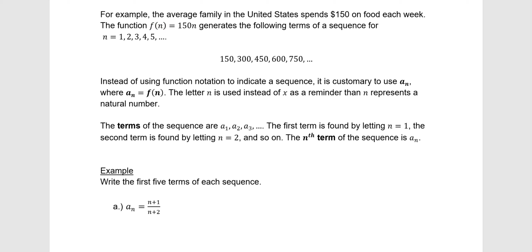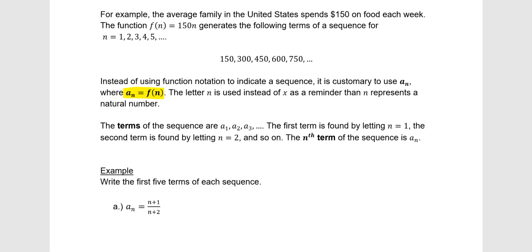We're going to be using a sub n instead, and we just have to know that a sub n is actually the same thing as f of n. And we're using n instead of an x because typically we'd be using f of x for a function. We're going to be using n just as a reminder essentially that n represents a natural number.